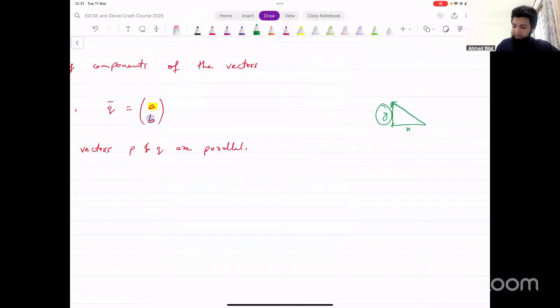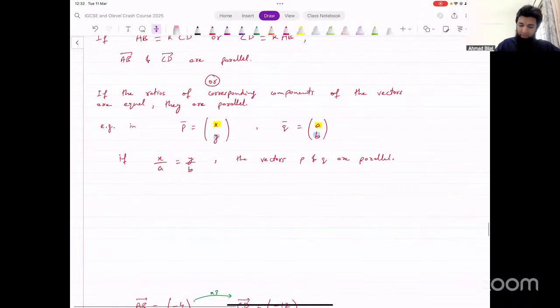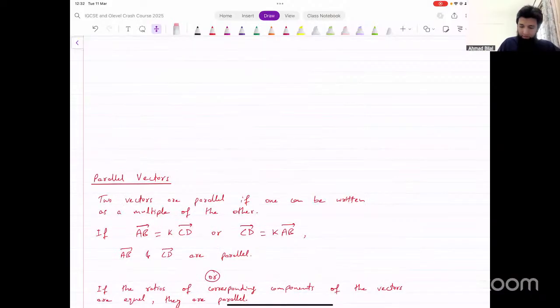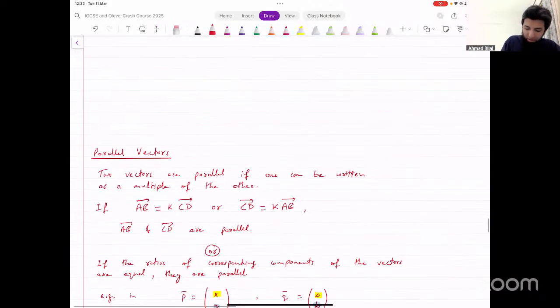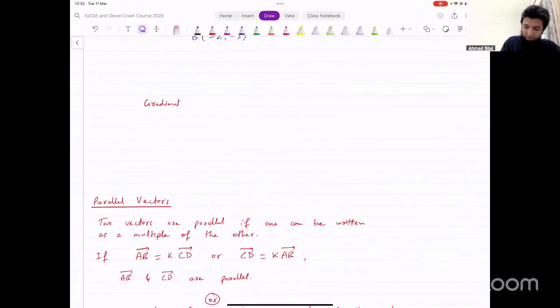Y over x basically gives you the gradient. Let me add that here. That's actually an important thing that I just thought of. Gradient of a vector: finding gradient from a column vector.